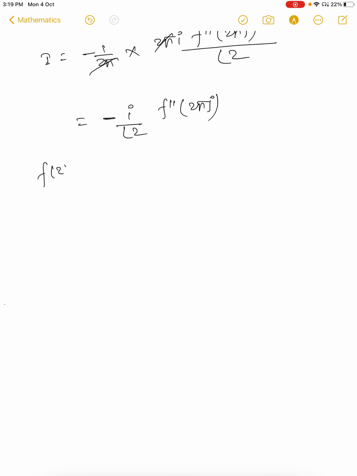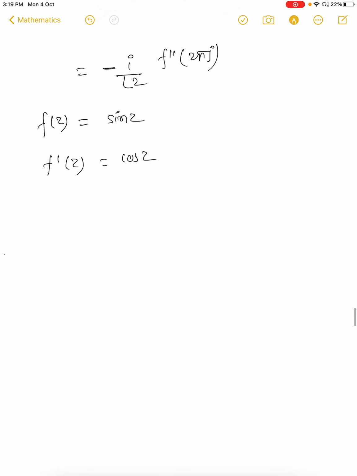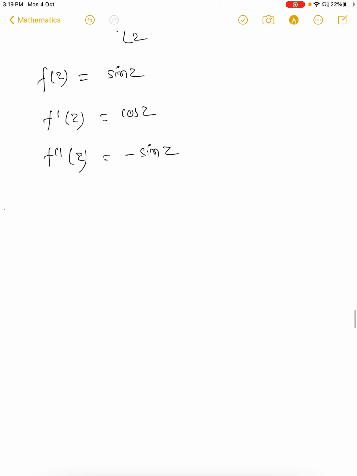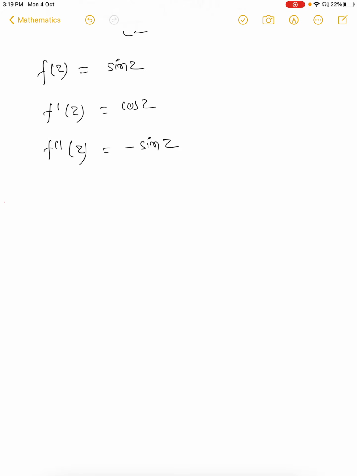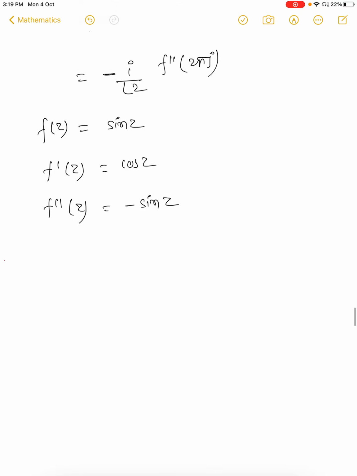f(z) is given as sin z. So f dash z will be cos z and f double dash z will be minus sin z. Put this in the above equation.